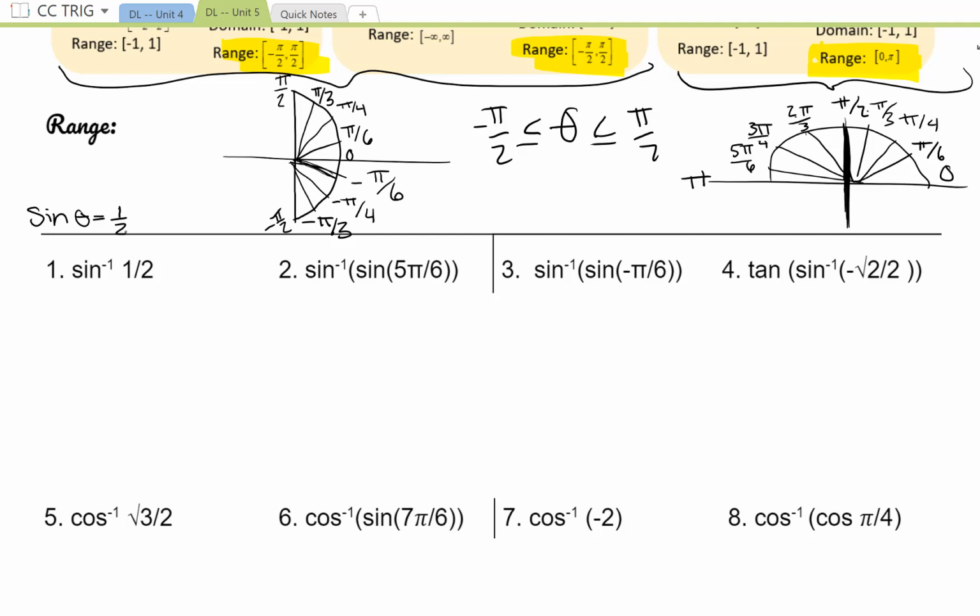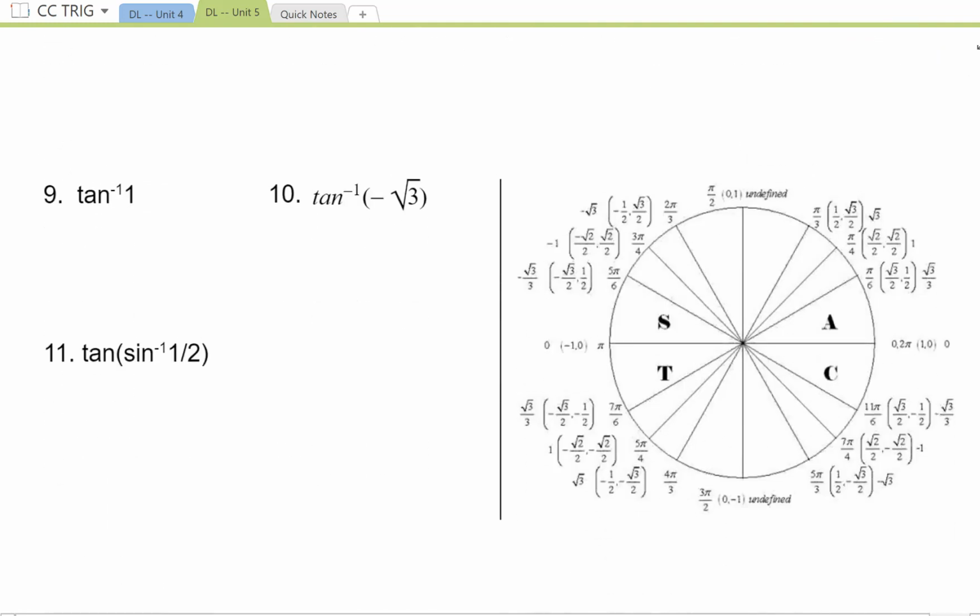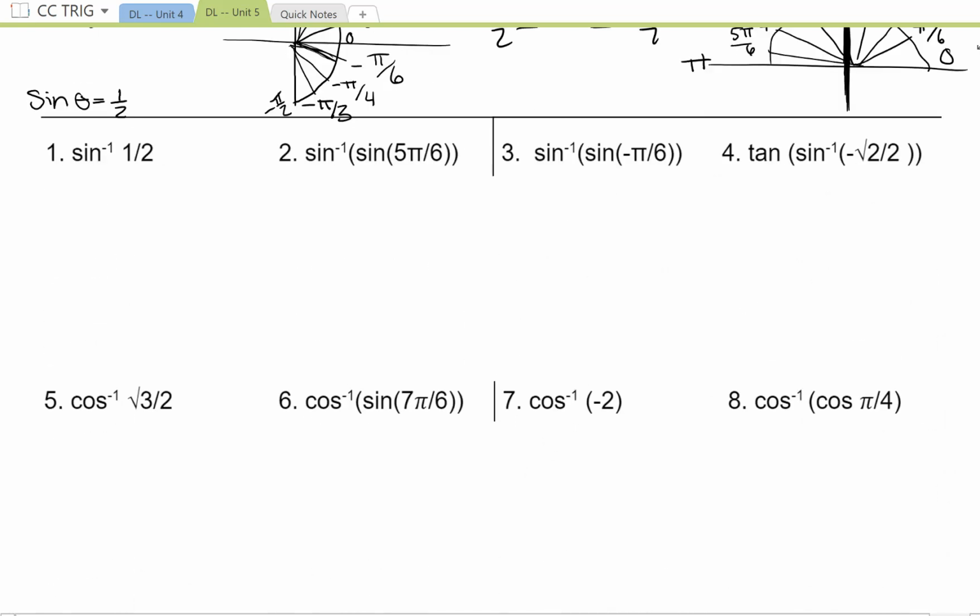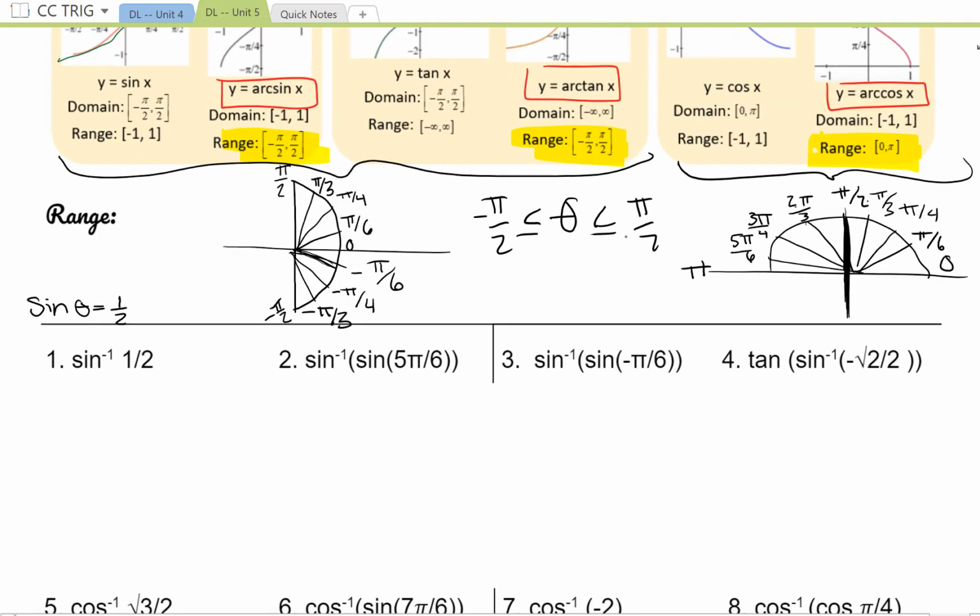But for inverse trig, you will never have more than one answer because the restrictions make sure that you only get one answer. Sine inverse of 1/2. Where is the y value 1/2? The y value is 1/2 at π/6 and at 5π/6, but only one of those is between -π/2 and π/2, and that would be π/6.